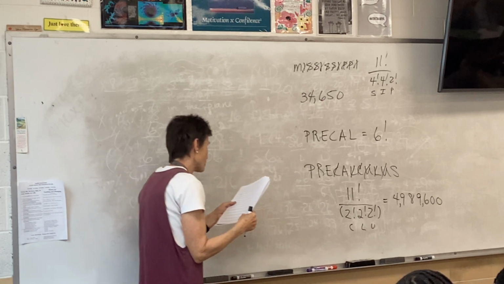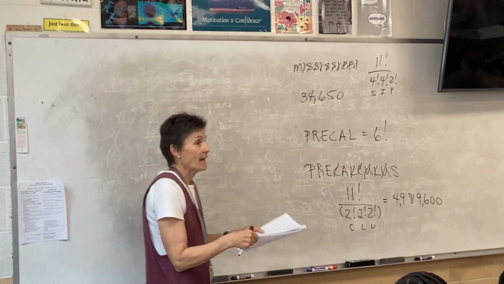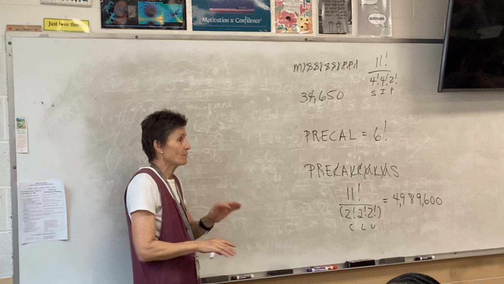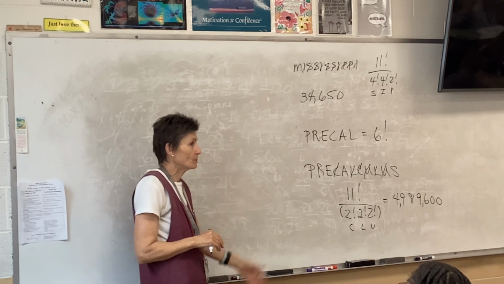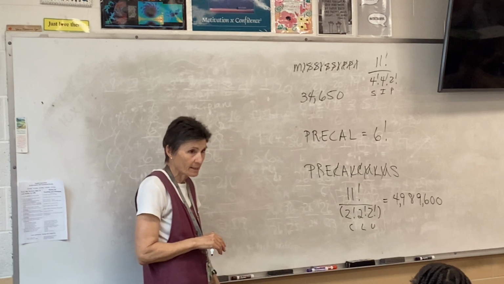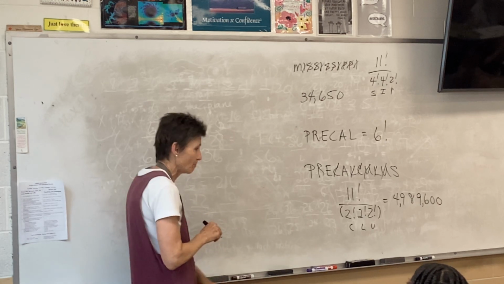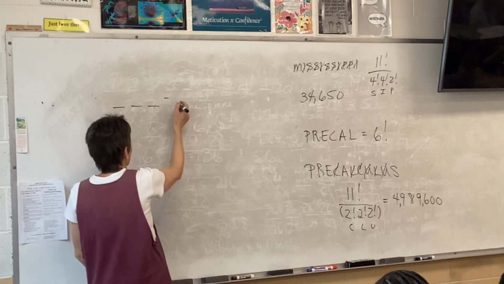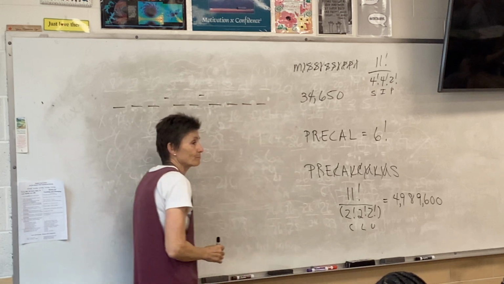How many social security numbers are possible if anything goes? So no restrictions whatsoever. How many social security numbers could we make? Well, do you know what a social security number looks like? I hope you do, because you have one and it's an important number. So we've got 3, and then 2, and then 4, right?